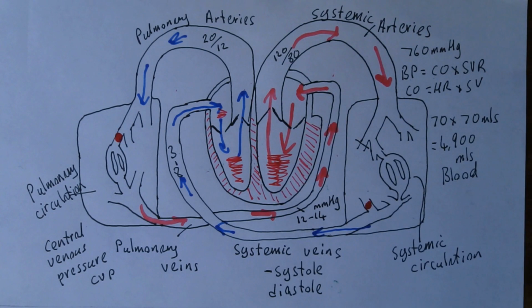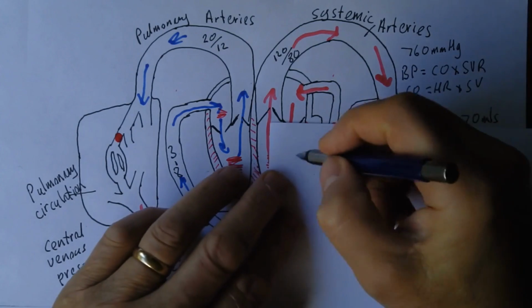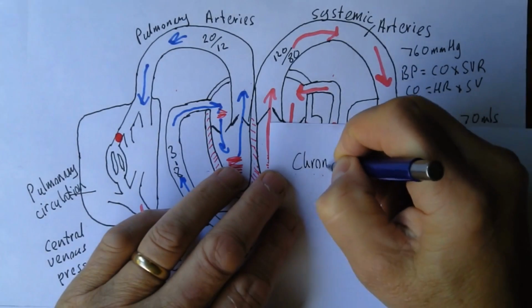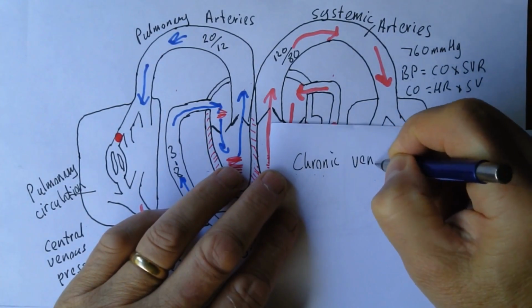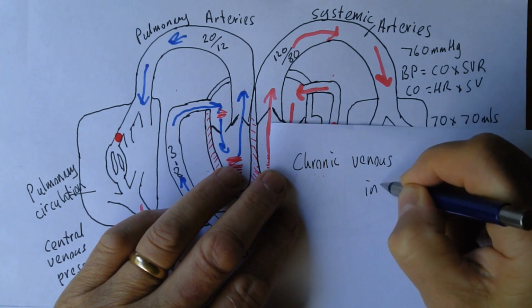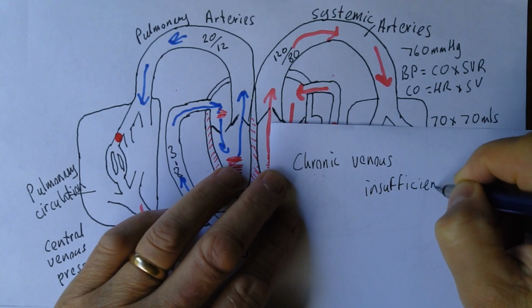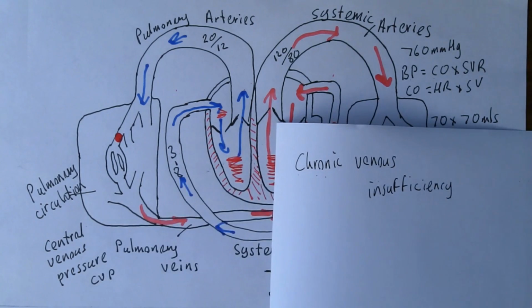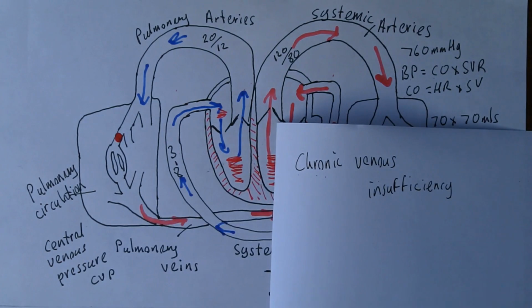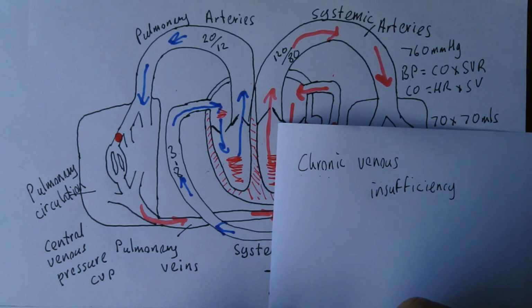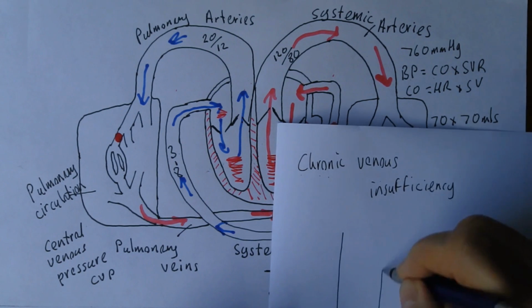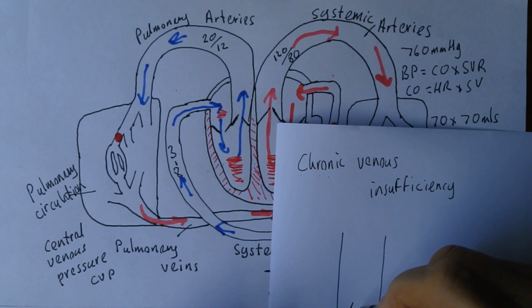Now another condition that we can get affecting the systemic veins is chronic venous insufficiency. I'm not going to deal with this in great detail because it's dealt with in other places, but you know that veins have valves in them to ensure the one-way flow of blood.